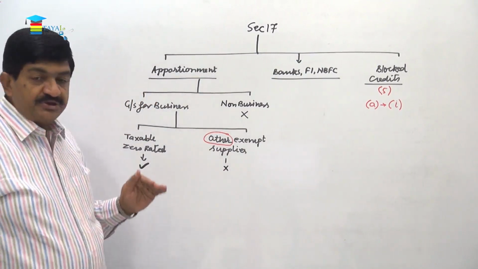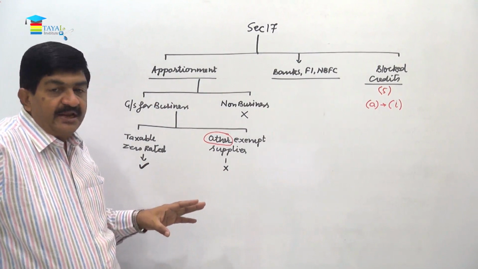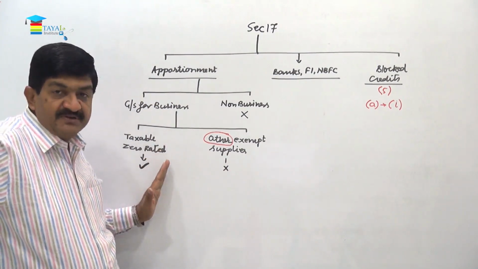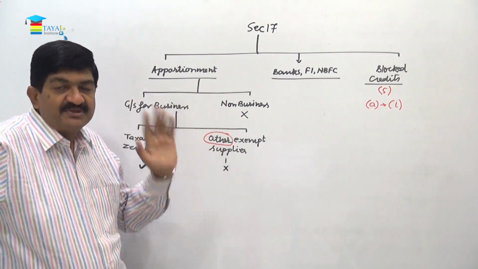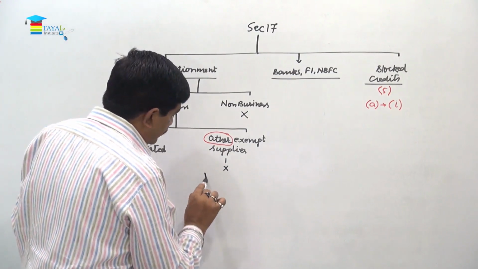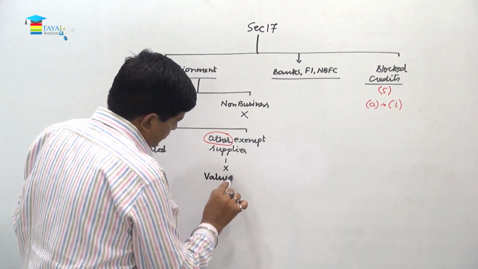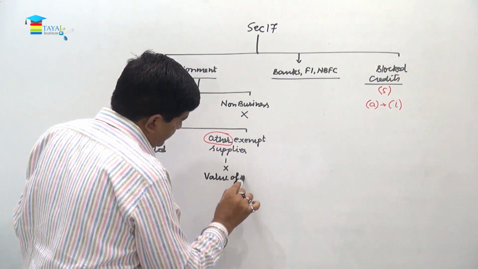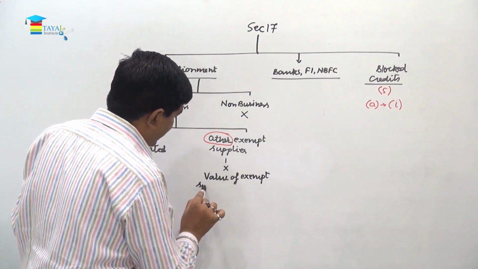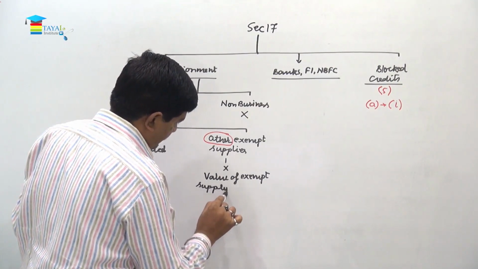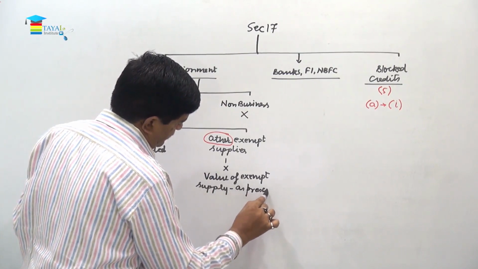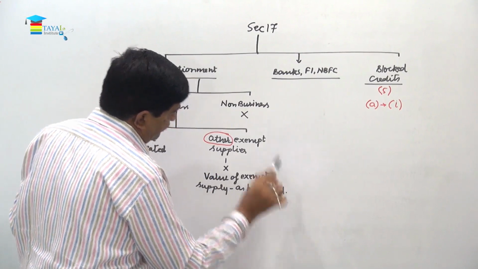But now the question comes, how to decide in what ratio the goods are going to be used for taxable as well as zero rated as well as for exempt supplies. So in this case, first we have value of exempt supply as prescribed.